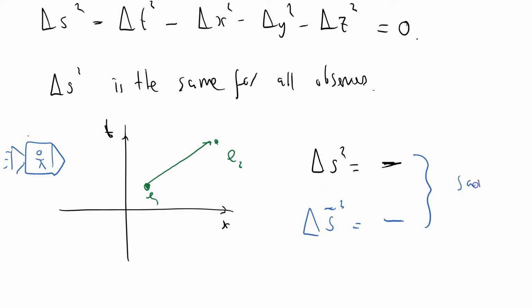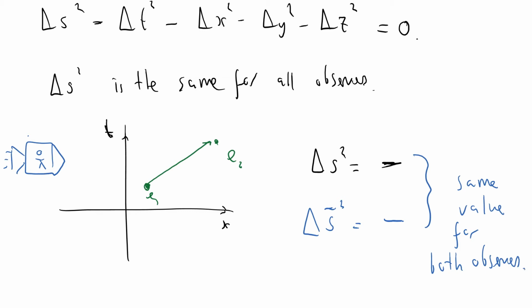It's going to be the same value for both observers, which means it's an interesting and useful thing because it does not vary depending upon what observer or coordinate system you choose to describe your events E1 and E2.